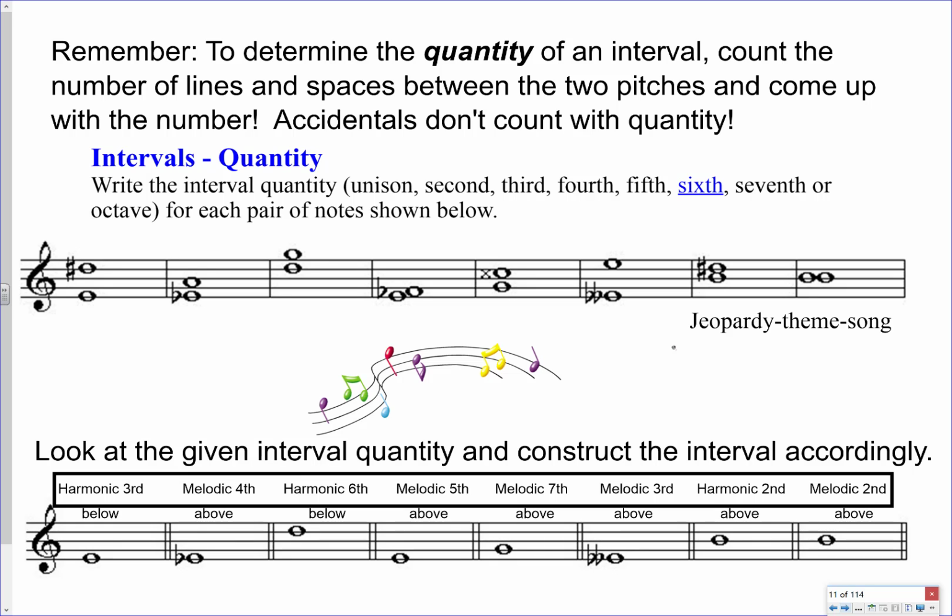So for this first assignment here, what we need to do is write the interval quantity, whether it's unison, or we can write a P, because we know that unison means prime. Or we can write 2 for seconds, 3 for third, 4 for fourths, 5 for fifths, 6 for sixths, 7 for sevenths, or 8 for octaves.